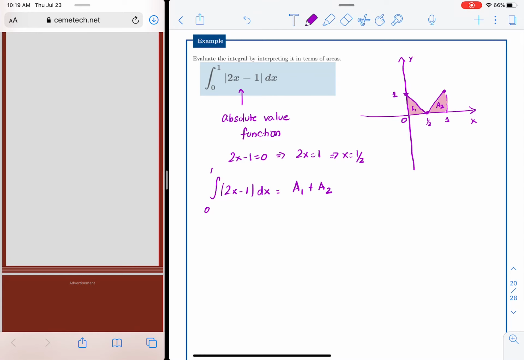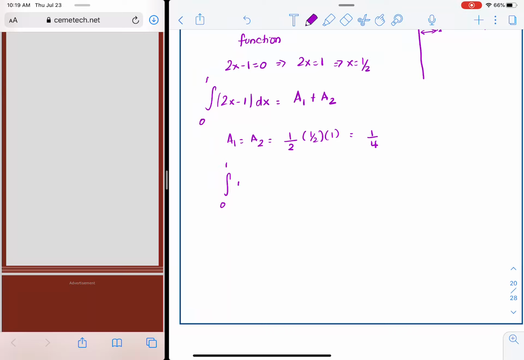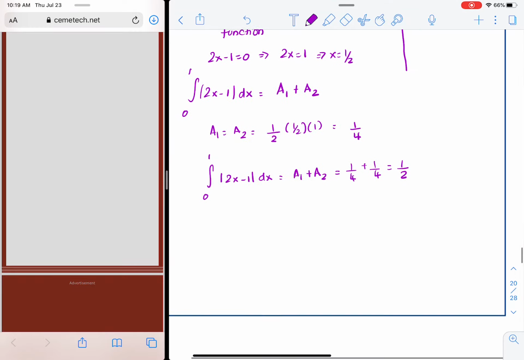So the areas A1 and A2 are one and the same, and that would equal 1/2 base times height. Base is of length 1/2, height is of length 1. So that's the base, and that's the height. So we have 1/4. Which would imply the integral from 0 to 1 of the absolute value of 2x minus 1 dx is A1 plus A2, which is 1/4 plus 1/4. We end up getting 1/2.